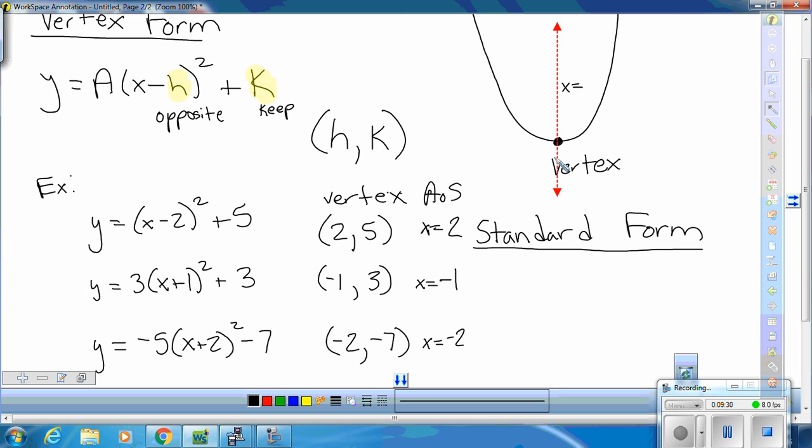Because of that, it's kind of this neat little average. It's the midpoint. If I pick any 2 points at the same y value, it's going to be halfway between them. It's always halfway between. So finding the x value of the vertex is kind of like finding an average.